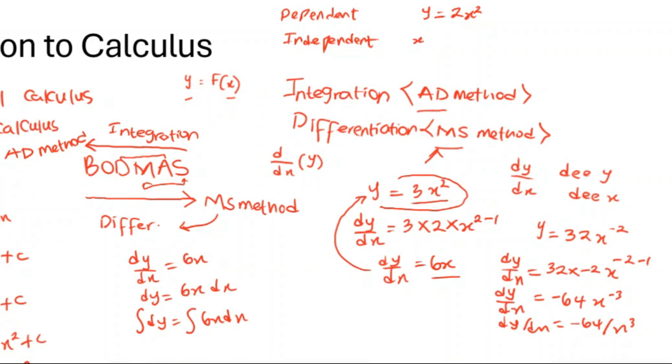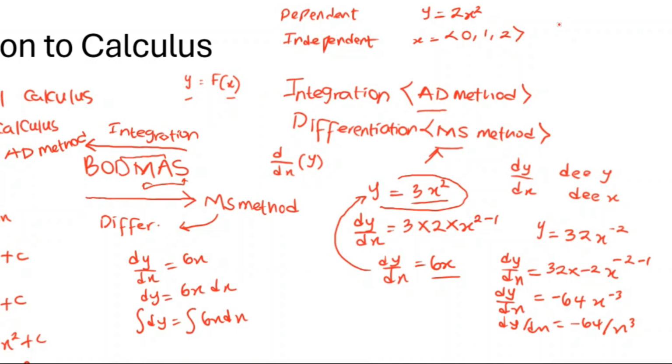If your x has a range of values, let's say 0, 1, 2. Now, these are the range of values which are actually independent because they don't depend on the value of y. If your x is 0, your x is 1, and your x is 2, your value of y depends on this function, which is 2x squared, which is going to make your y your dependent variable.